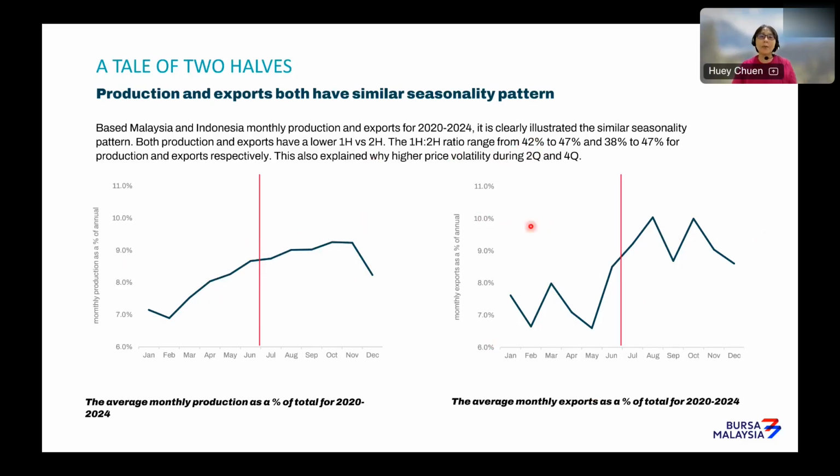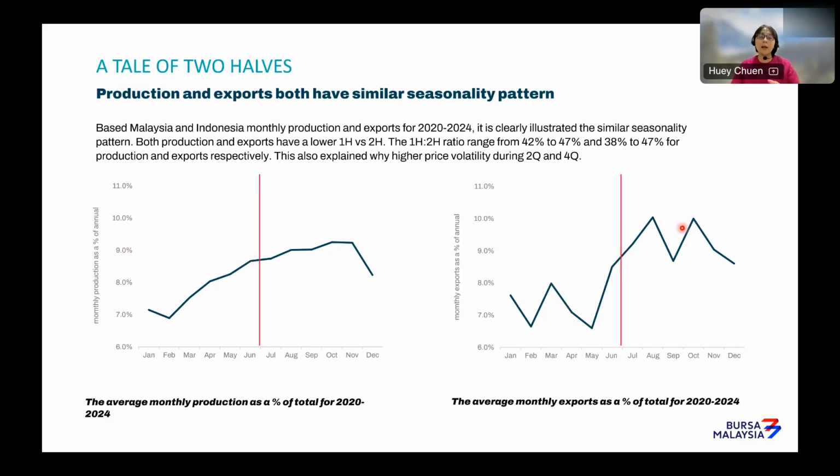Interestingly, if you look at exports, we also have the same: low export in the first half and higher towards the second half. Because of this pattern, palm oil tends to be more volatile. The price movements are more volatile from the middle of the year until the end of the year, because this is a time when there is more supply and more demand.